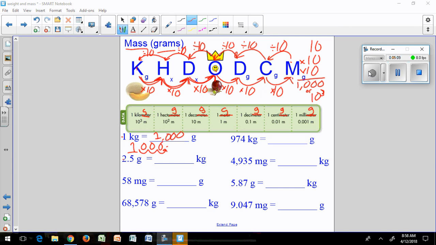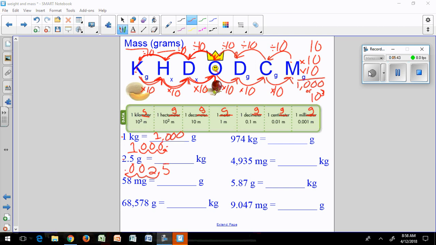Let's do one going from big to small. Okay? Our next one, 2.5 grams equals how many kilograms? So I have 2.5 grams, and I'm going from grams, my O right here, to kilograms, my big K all the way on the left. I'm moving left, 1, 2, 3 times. So instead of multiplying by 10 to the third and moving my decimal point to the right, I'm dividing by 10 to the third, so I'm going to move my decimal point to the left. 1, 2, 3.